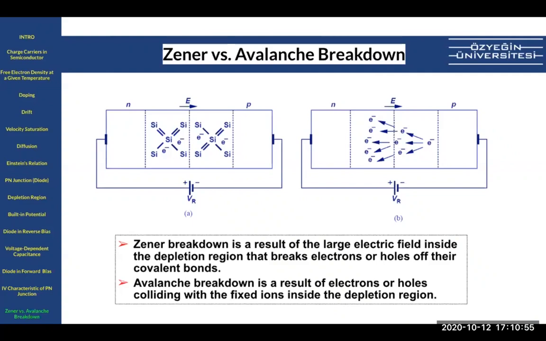So it's similar here. You provide so much electric current and you force them to break their bonds, right? And this energy is supposed to go somewhere at some point. I'm sure there's a lot of heat. So if you touch a diode in the breakdown, I am sure it will warm your finger.